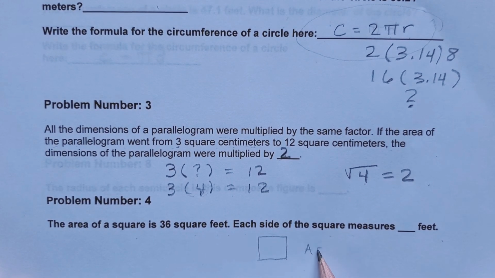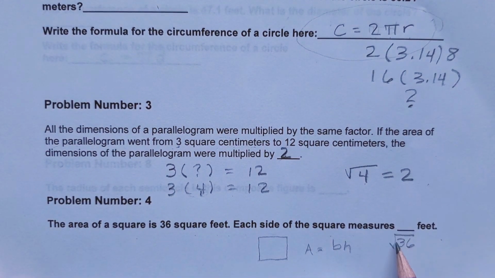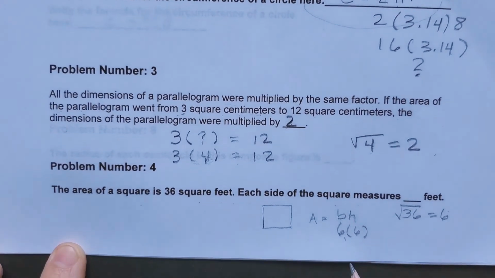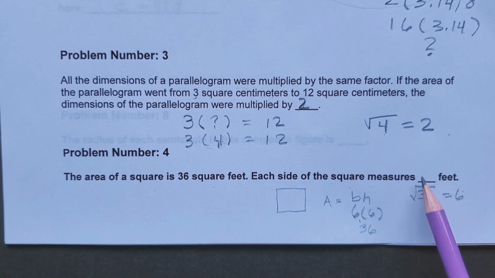And if we know that the area formula is base times height, these two numbers will be the same. So all you have to do is take 36 and find out what is the square root of 36. Square root of 36 is 6. 6 times 6 equals 36. That's your answer here.